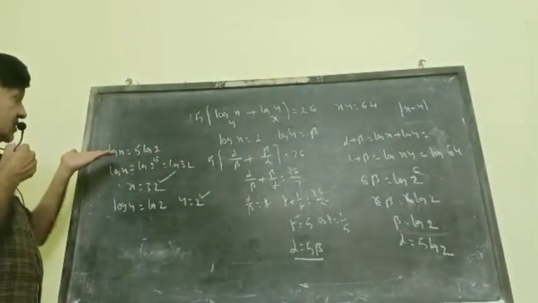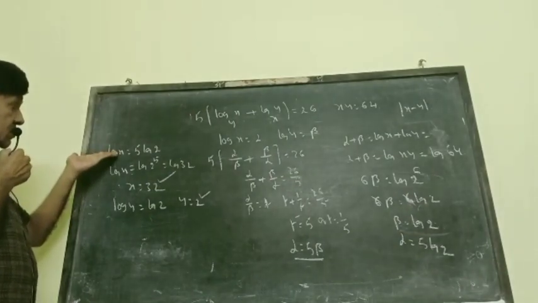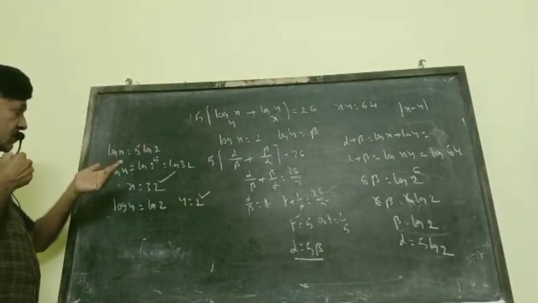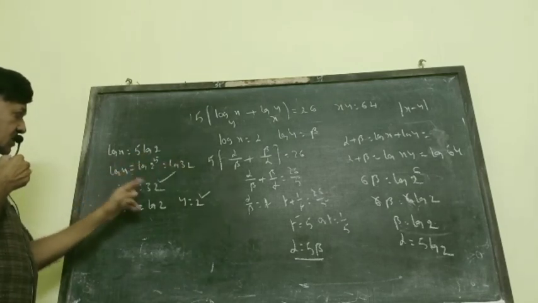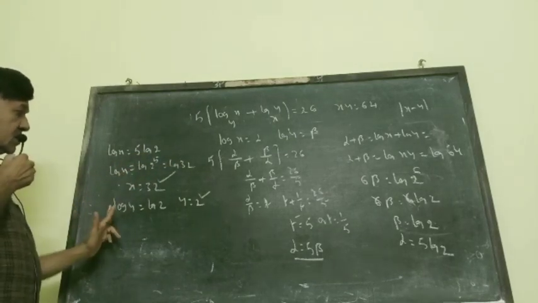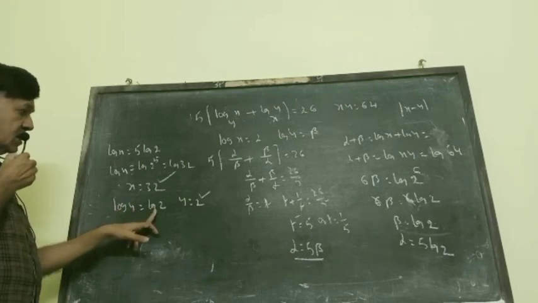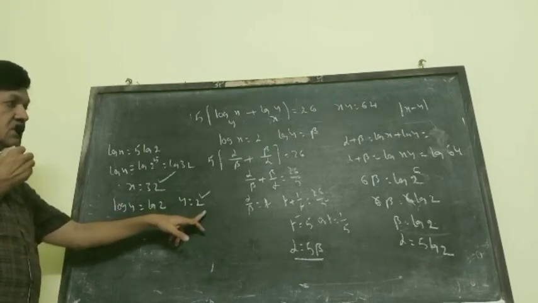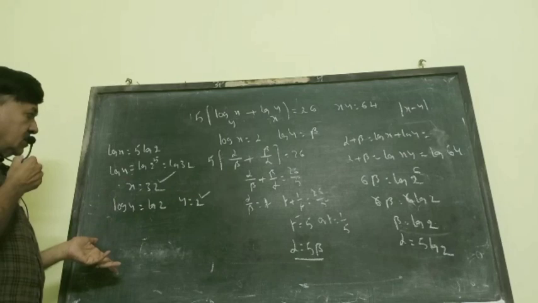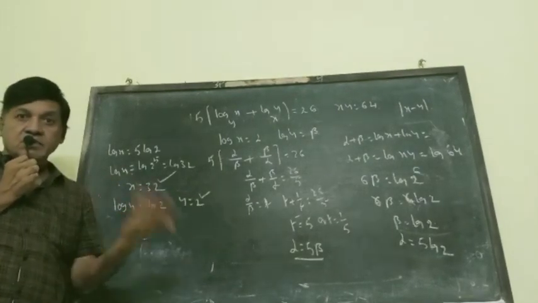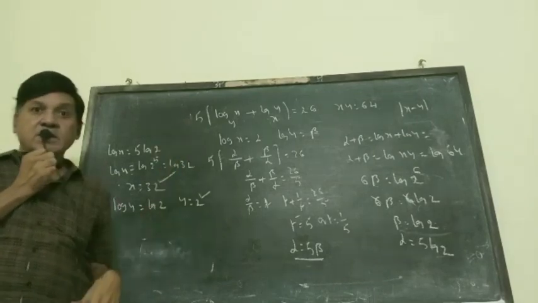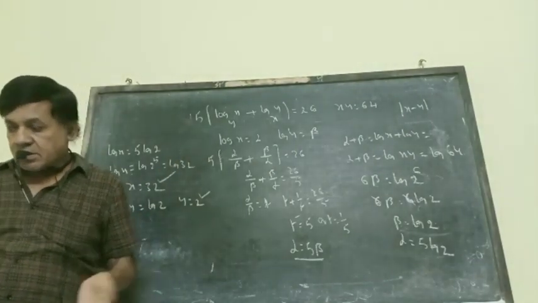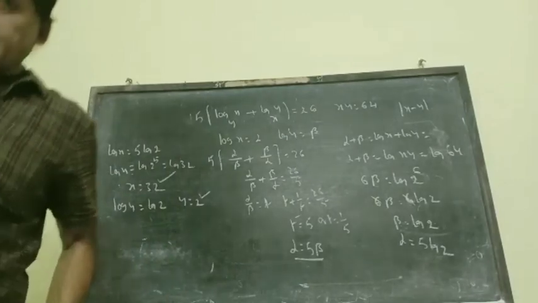Then come back to this. Log x is equal to alpha means 5 log 2. Log x is log 2 power 5, log 32. So x is 32. Log y is beta, log 2. So y is equal to 2. So x is 32, y is equal to 2. Therefore, your mod x minus y is equal to how much? 30. This is how you have to do this.